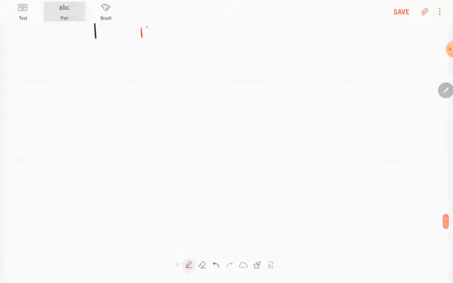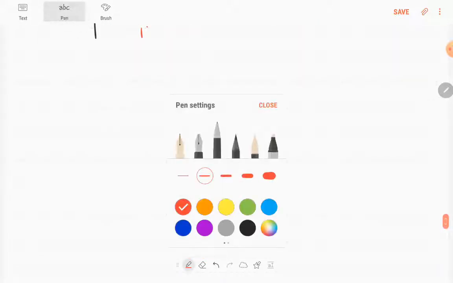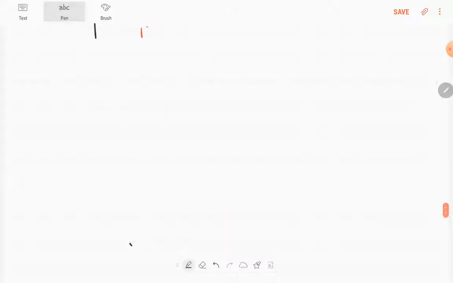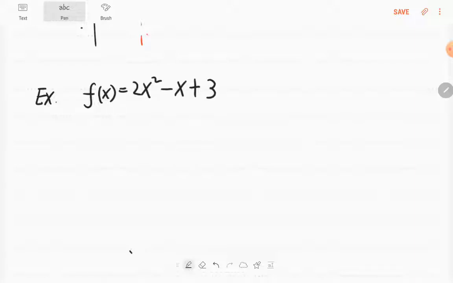Okay, so now let's look at more examples about functions. Another example, let's do more calculation. This is f of x is equal to 2x squared minus x plus 3. So we want to calculate f of x plus h minus f of x over h. This is a very important expression, which is called the difference quotient.